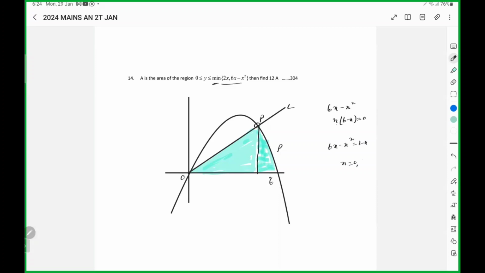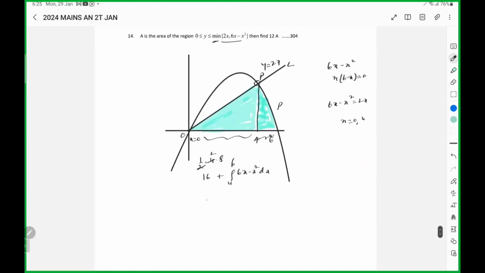They intersect at x equal to 4. This area, no need to integrate, just the triangle area. So y equal to 2x, when x is 4, y is 8, area 16. And this part, 4 to 6, 6x minus x square dx.